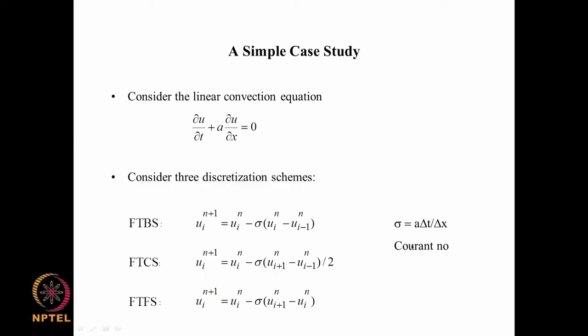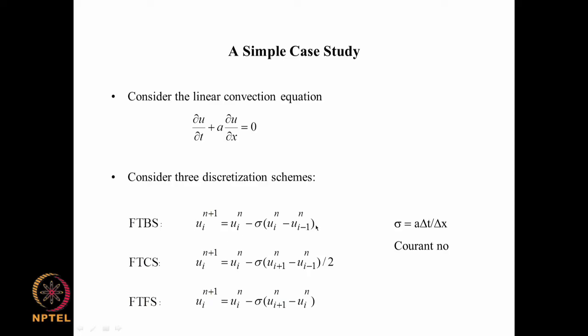Sigma is what is known as the Courant number, after a famous mathematician who brought out the Courant number criterion for stability, and it is a times delta t divided by delta x.